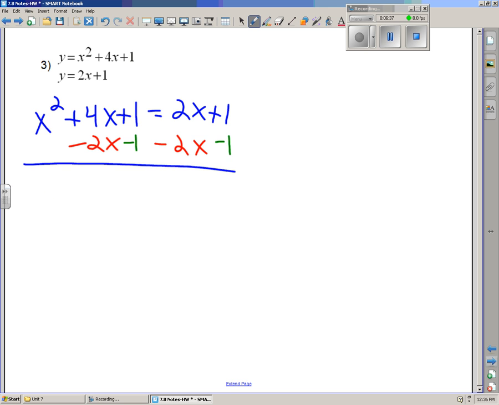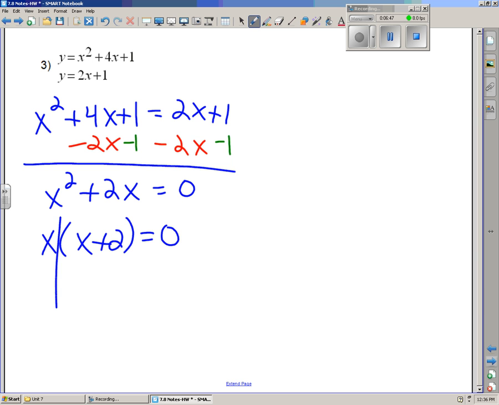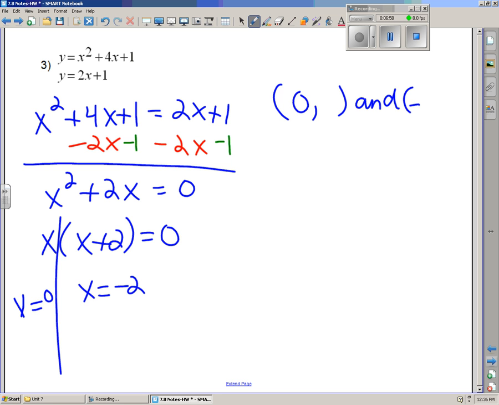What we're left with here is x squared plus 2x. The 1's canceled out. So now I'm left with a GCF, x parentheses x plus 2, draw the wall, x is 0, or x is negative 2. So I've got the beginning of my solutions. I've got 0 comma something and negative 2 comma something.